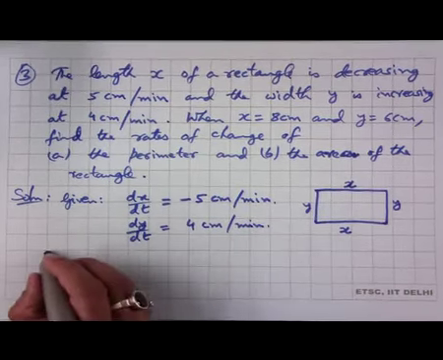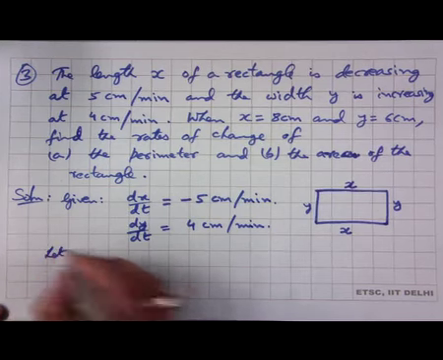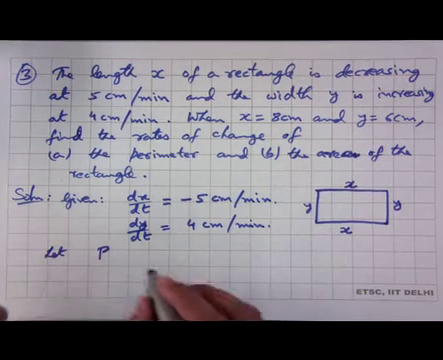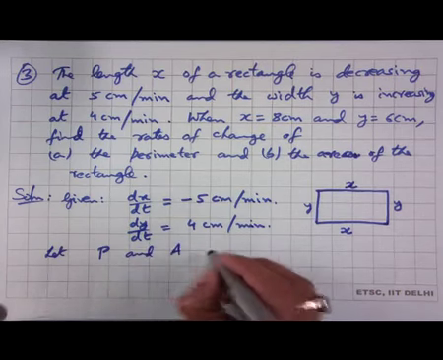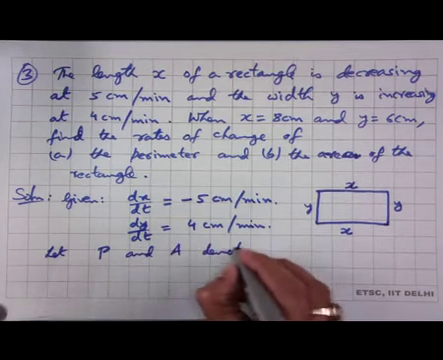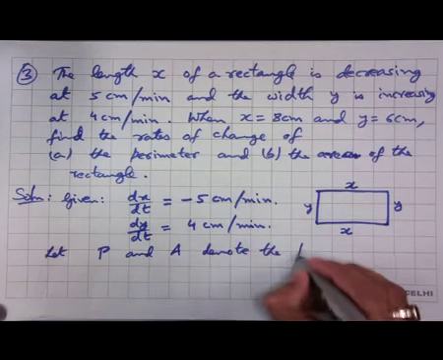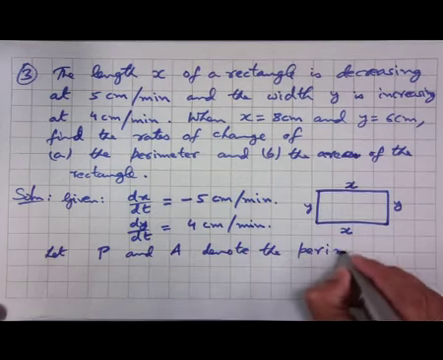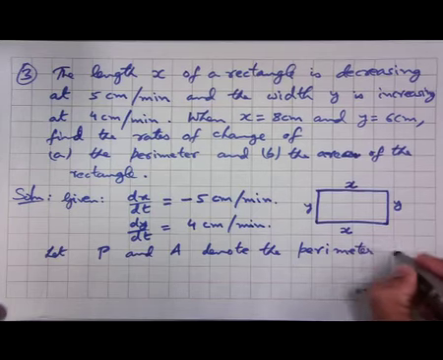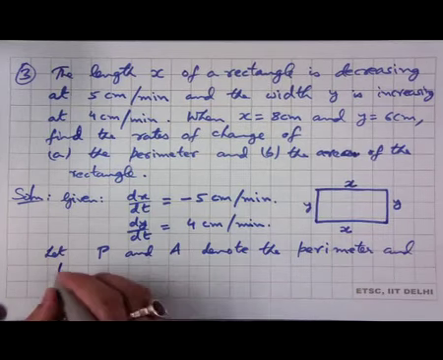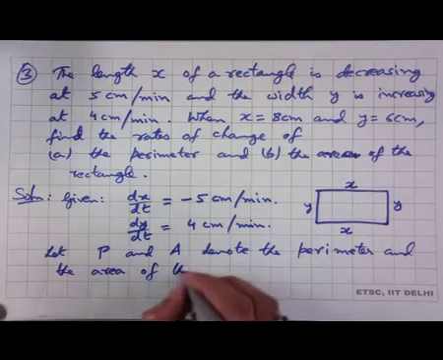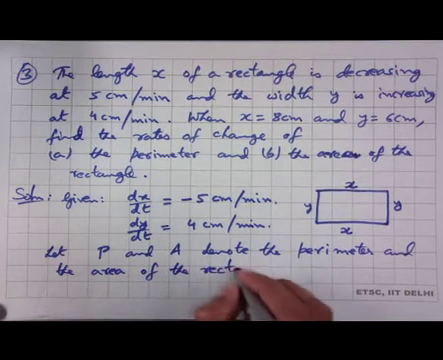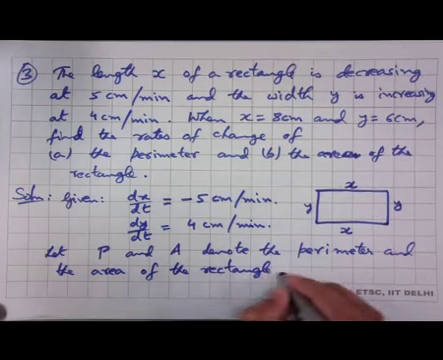Now, let P and A denote the perimeter and the area of the rectangle respectively.